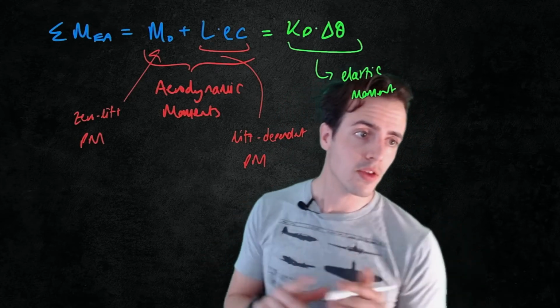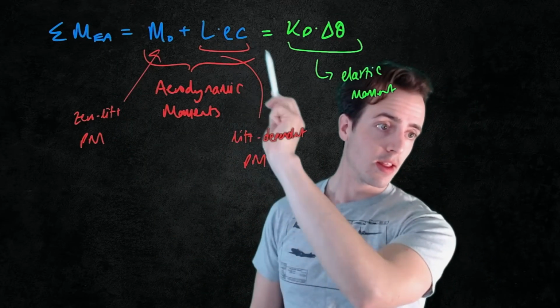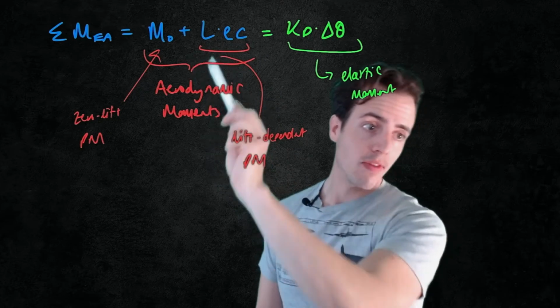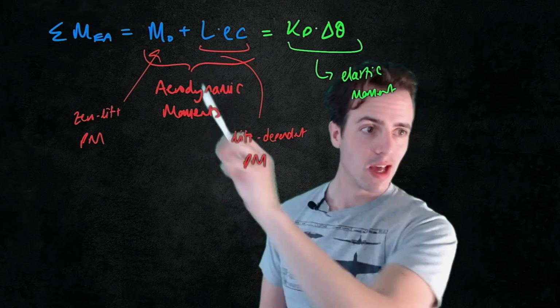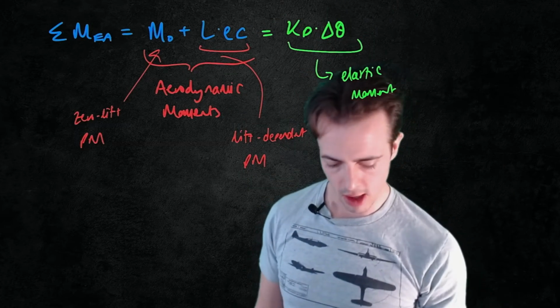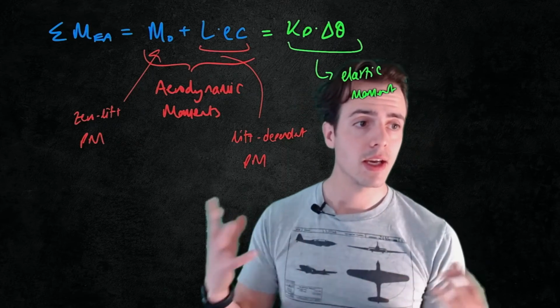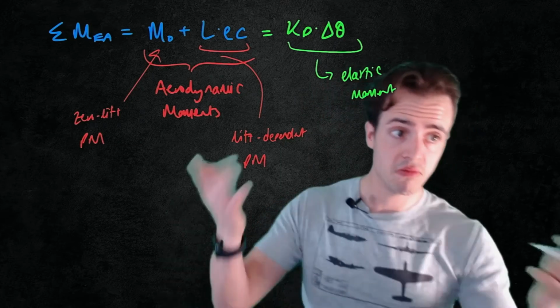Okay, I'm back. So we want to express this in a form that enables us to write the lift, or the lift dependent pitching moment, but ideally really just the lift, as a function of this part here. With all these things, it makes sense to work in coefficient form, because we know the relationship between lift coefficient and angle of attack, and then we can relate these two things together.